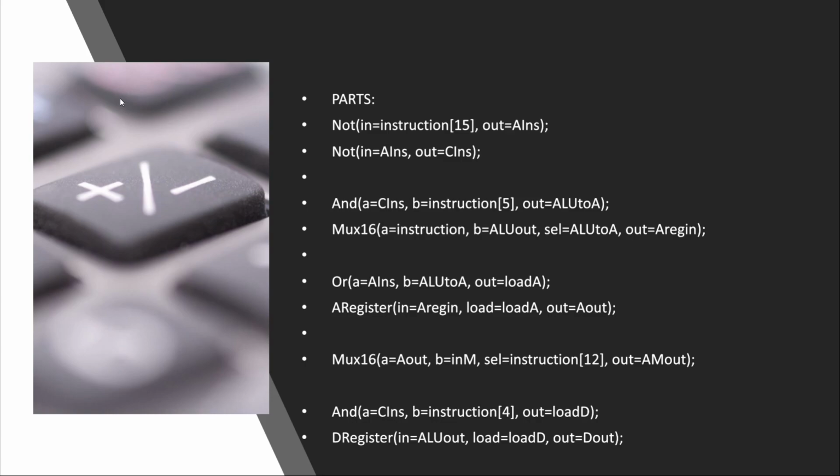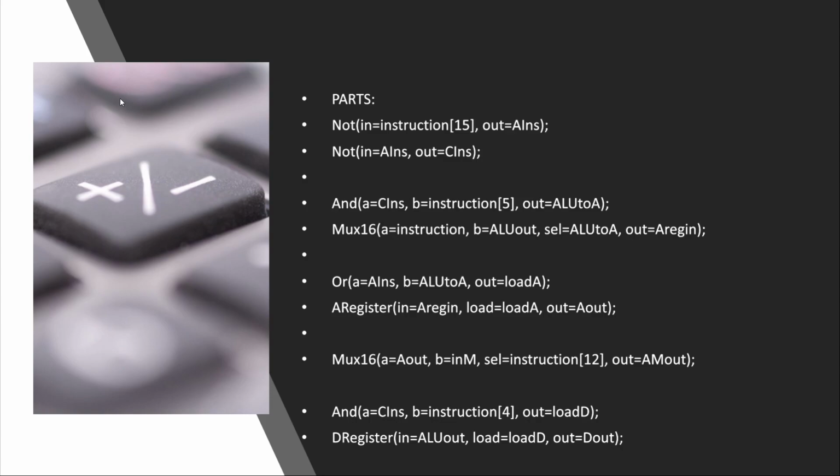If the instruction is A instruction, then the CPU takes the specified 15-bit value and will store the value in A register. Our A register can be fed by instruction or ALU output. If the instruction is C, then it will perform computation in ALU, and ALU out is fed to A register.